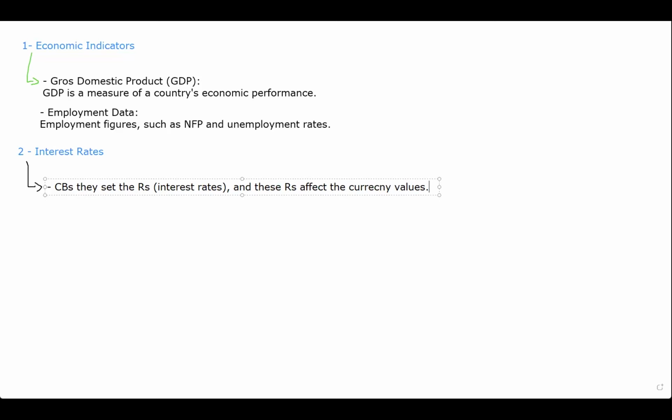US has 5.25%. Let's draw these here. So US has 5.25%. UK has 7%. Brazil, that is an emerging market, has 12%. And Australia has, let's say, 2%.